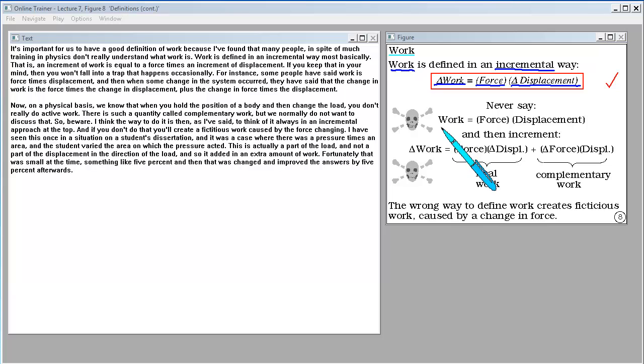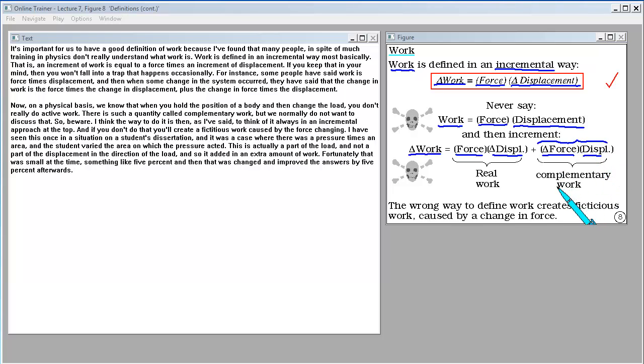For instance, some people have said work is force times displacement, and then when some change in the system occurred, they have said that the change in work is the force times the change in displacement plus the change in force times the displacement. Now, on a physical basis, we know that when you hold the position of a body and then change the load, you don't really do active work.